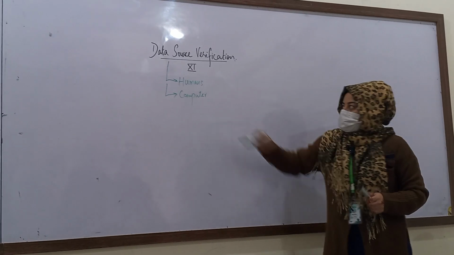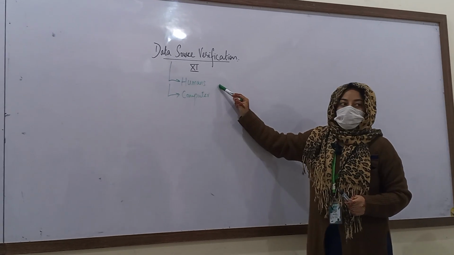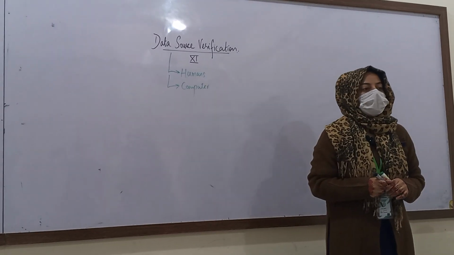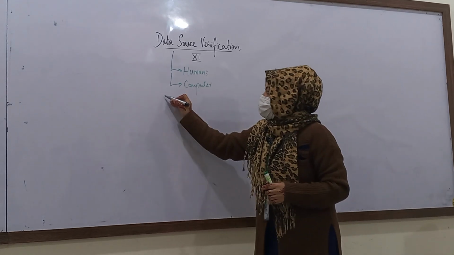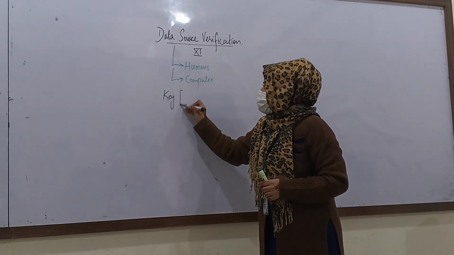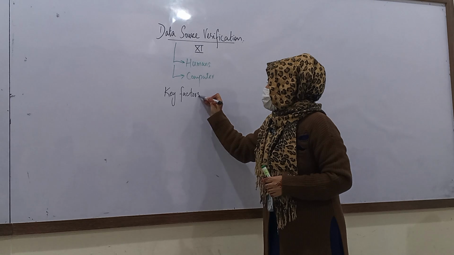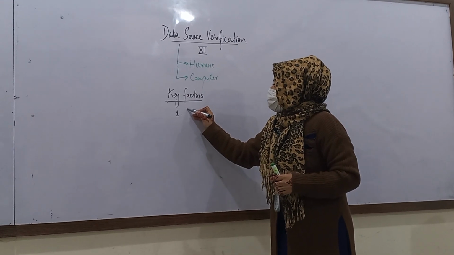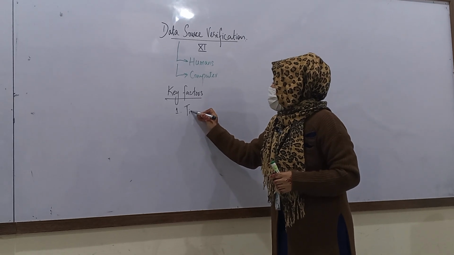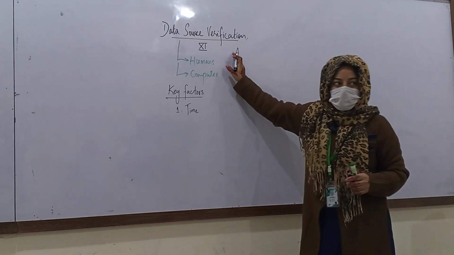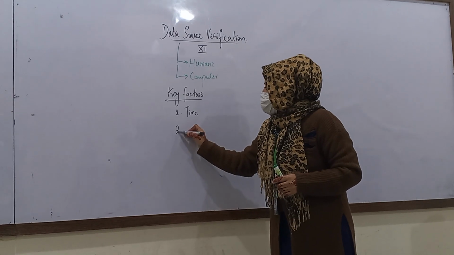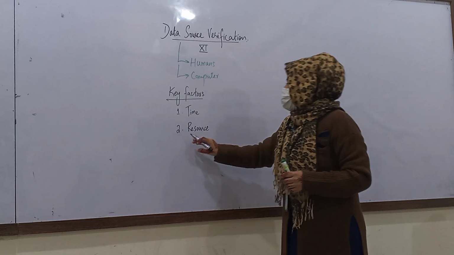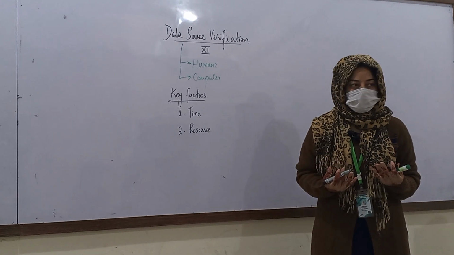Now, choosing among these two entities, where humans are suitable and where computers are suitable for verifying the data, depends upon certain factors, key points. These key factors are: number one is time. How much time we need for verifying the data depends upon the time. Number two, resource availability, from where we are receiving the data.